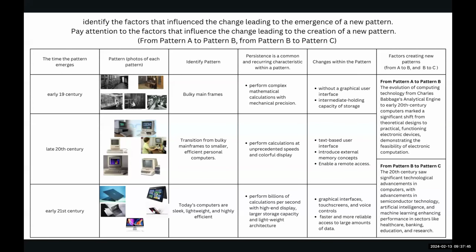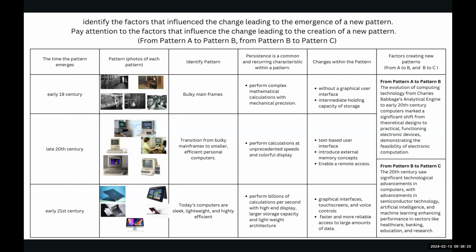In the early 19th century, it could perform only complex mathematical calculation with mechanical precision, just calculating mathematical sums. But in late 20th century computers, it developed a little bit, and it could perform calculation at a breakneck speed and provide a powerful and colorful display.